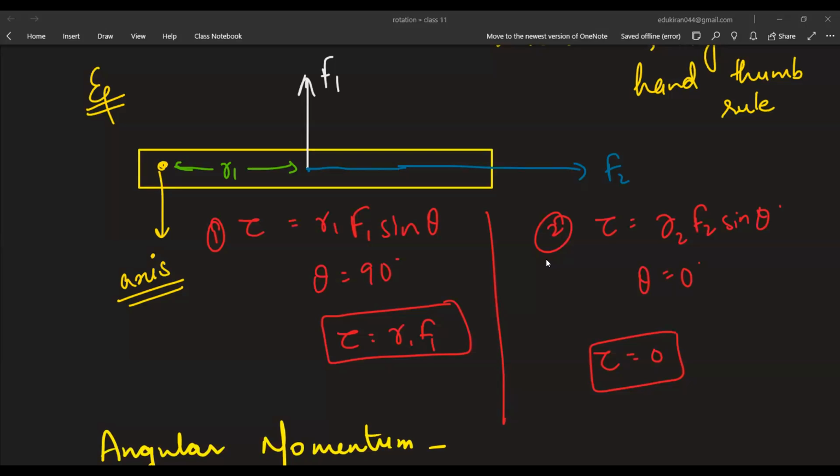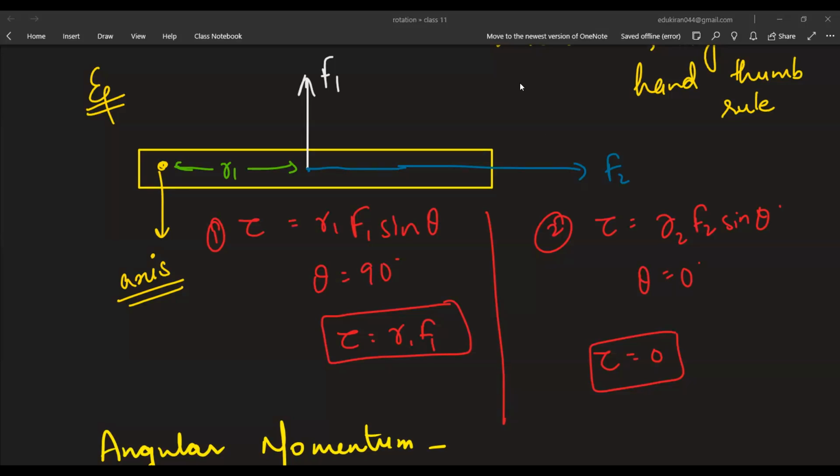You have also not studied. Jobita, Zainab, Shaima, correct. It is R cross P, that is R P sine theta. Ali, you tell me the formula of P. P is equal to mv.